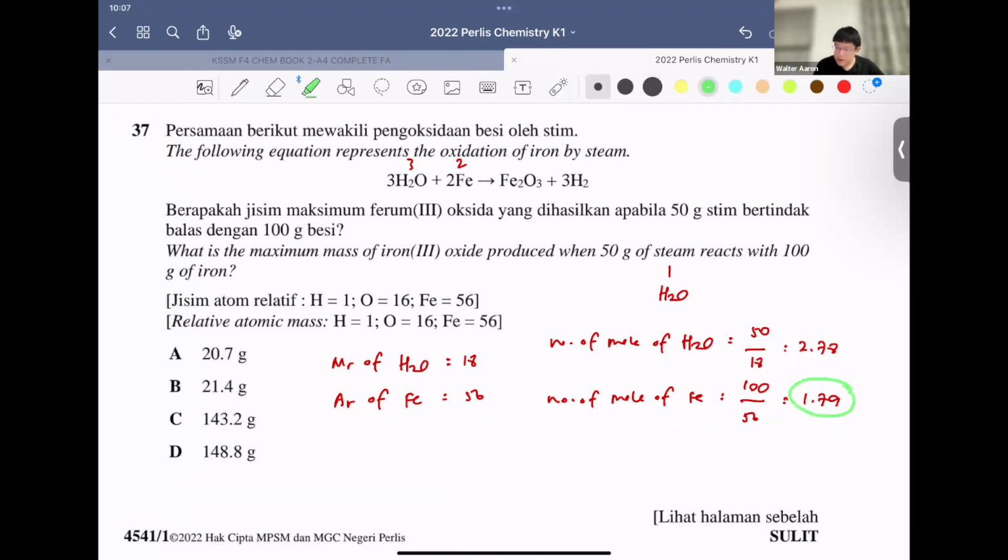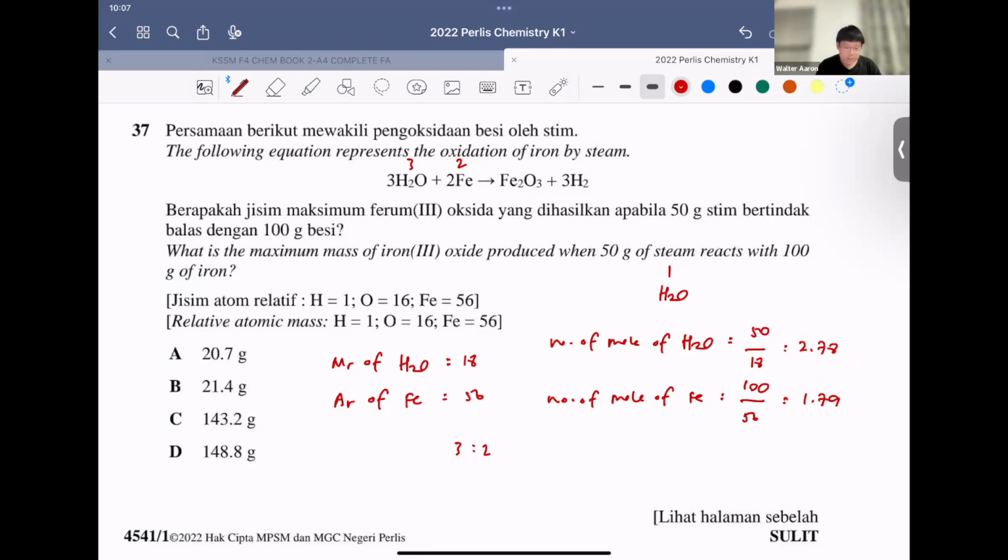Oh, sorry, the ratio of water and iron must be 3 to 2. So you must see whether you got 3 to 2 or not. So 2.78 divided by 3, which is 0.9267, multiplied by 2.